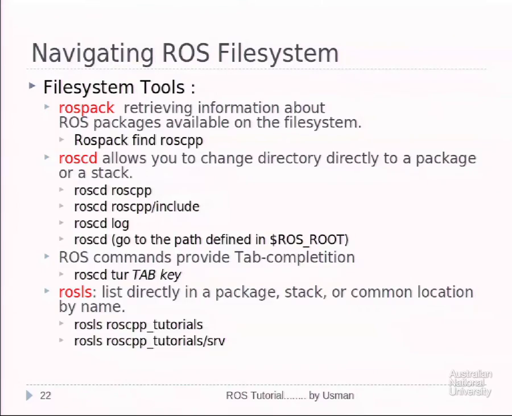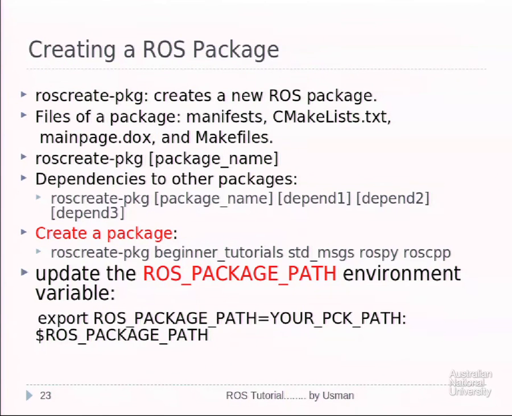Then the question comes of how you can create your own packages. So many people are developing, so how can one create one? There's a command called ROS create package, which is the first one, and from that you can actually create a package. The good thing is that you don't have to manually give the link.